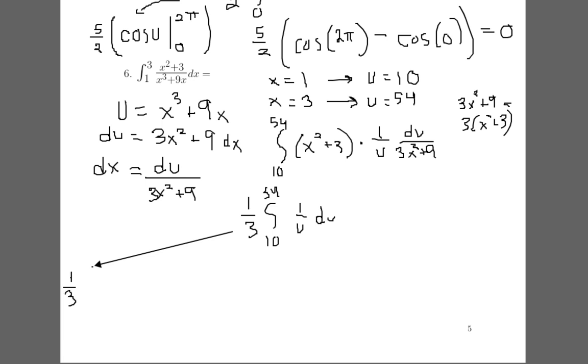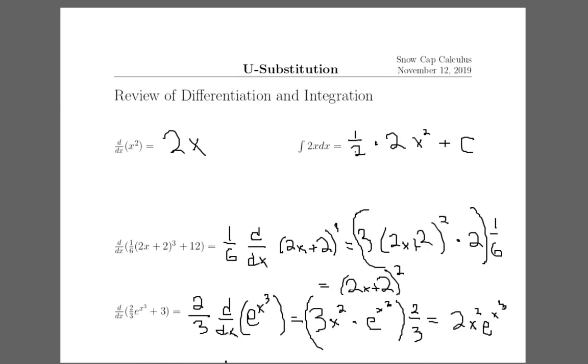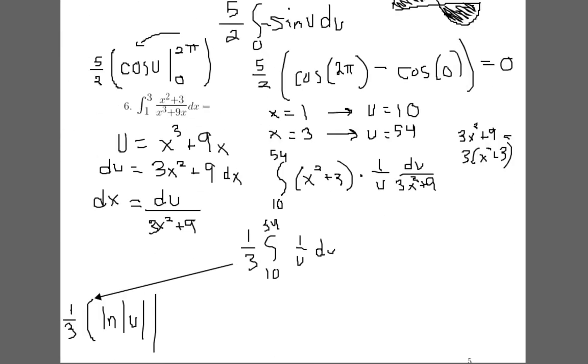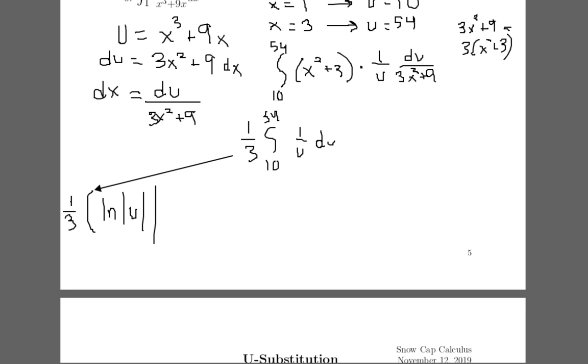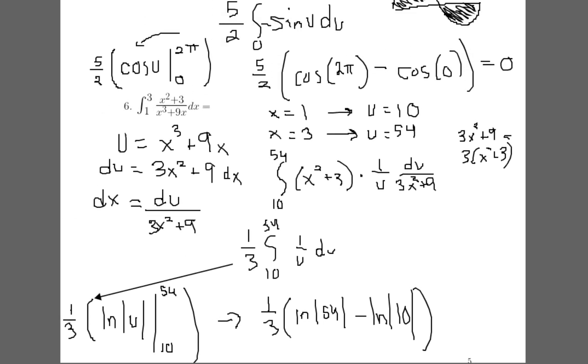So we'll have 1/3 times the quantity ln absolute value of u, evaluated from 10 to 54, which means we'll have 1/3 times the quantity ln 54 minus ln of 10. And that would be the answer for our definite integral in number 6.